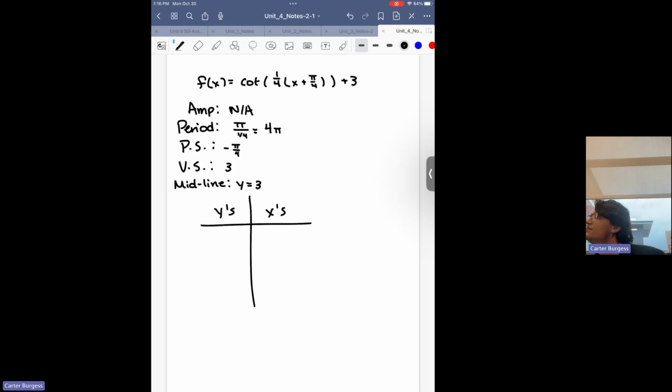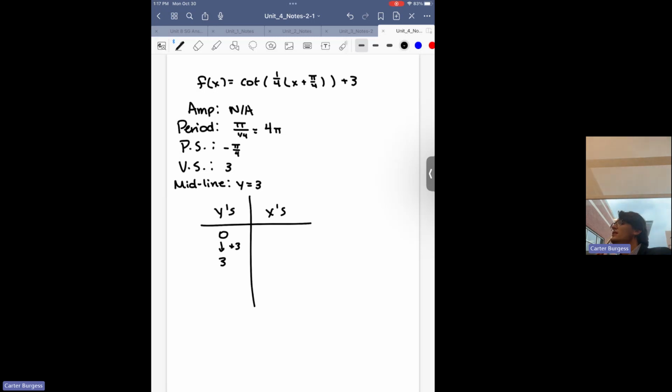Yeah, it's only the mid value, so it's just what happens to 0. This is part of why we don't concern ourselves with the amplitude: it doesn't act on the significant values that we care about. If I multiplied cotangent by 2, I would multiply 0 by 2 as my first step, and that would do nothing. So what is the adjustment we make to our y value here? We are adding 3 to it, so we will see the mid value at 3.